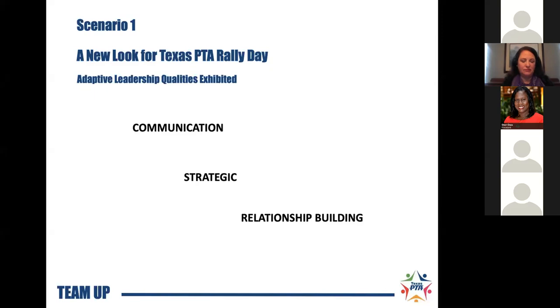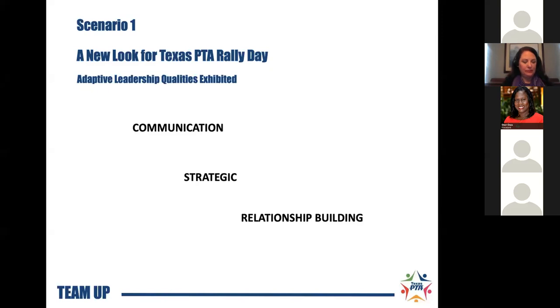And then we also had to be very strategic. So it was important to think strategically, not only about the process, but about the individual just feeling confident and educated and ready to hold a conversation with our legislators. So again, we had that number out there and the reason behind the number.